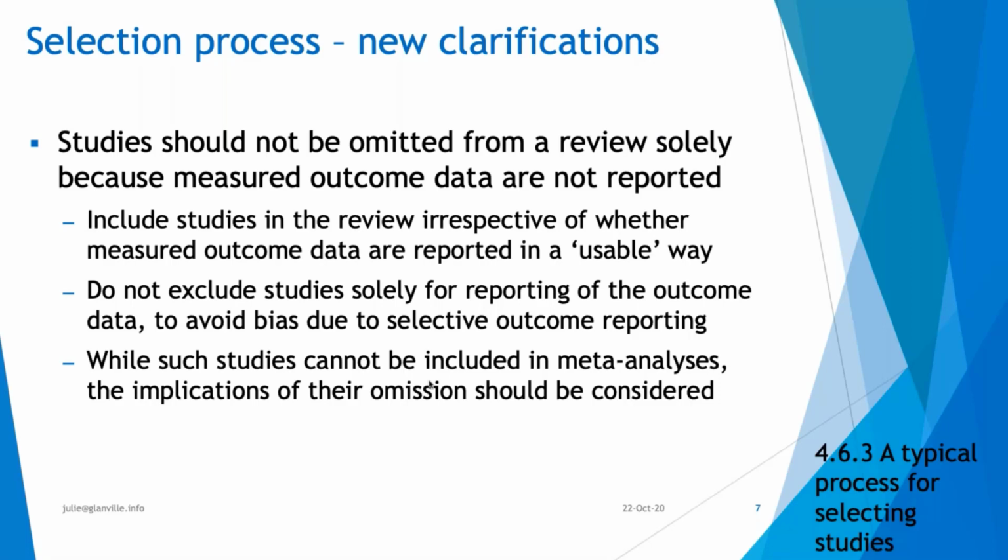It should be included in the review and mentioned in the results and its implications discussed. It may just not feature in the meta-analysis. So studies that collect outcomes should be included in the review, even if they don't all report the outcome in the same way.